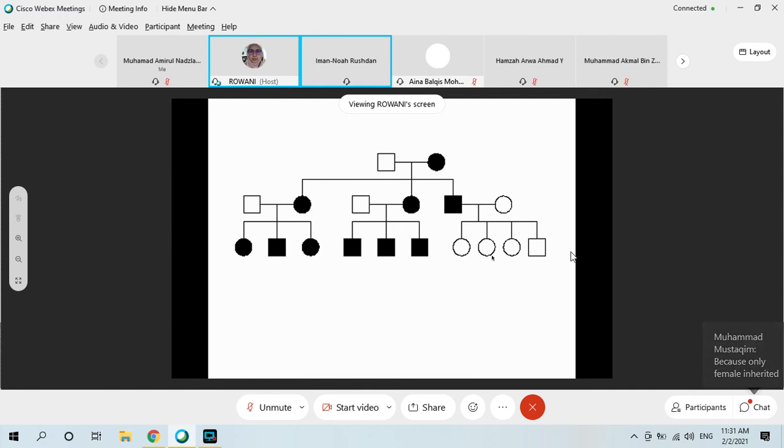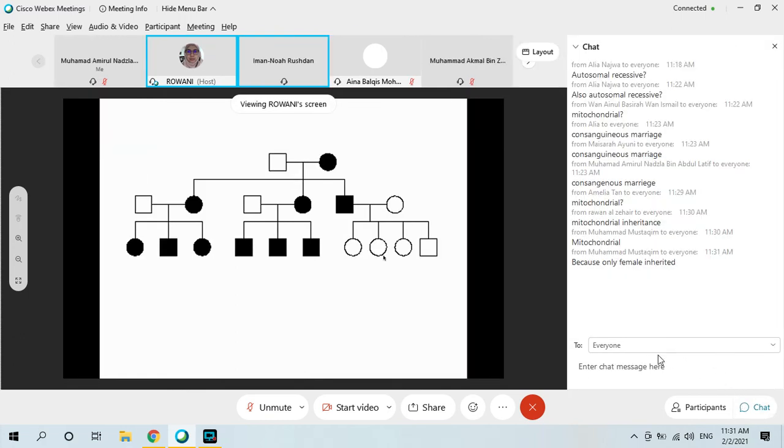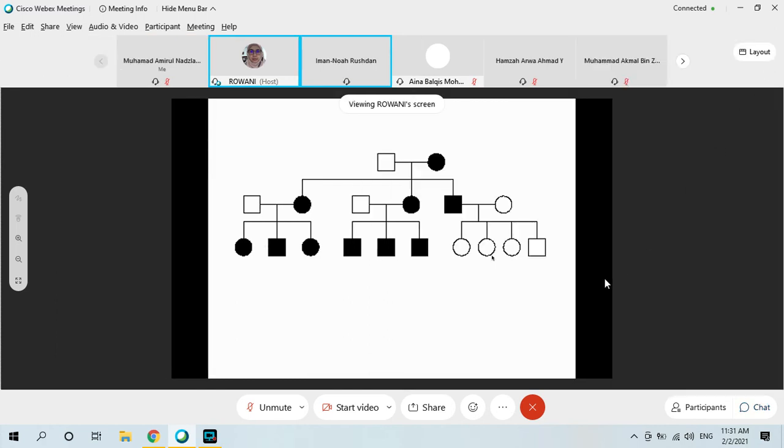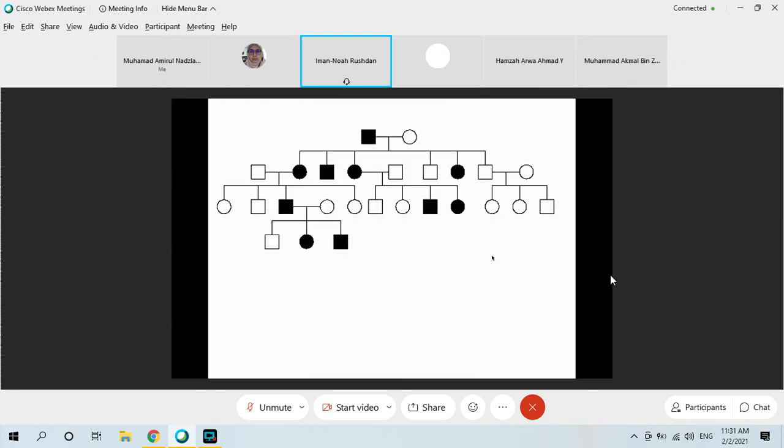There is a 50% risk for each child to be affected. So that is possible. What is the other possibility? The mitochondrial inheritance. So ada dua possibility dah, kan. Satu mitochondrial inheritance, satu lagi autosomal dominant juga. Okay, next.